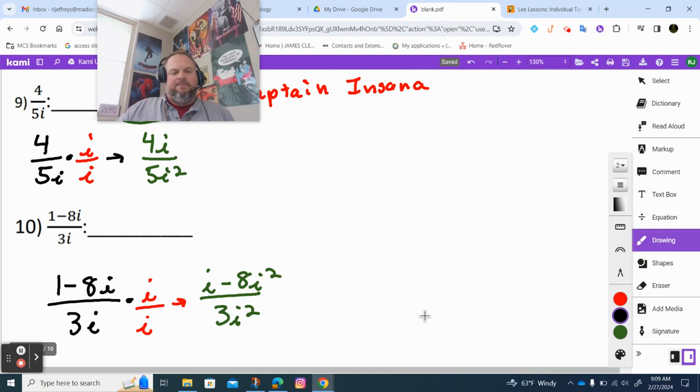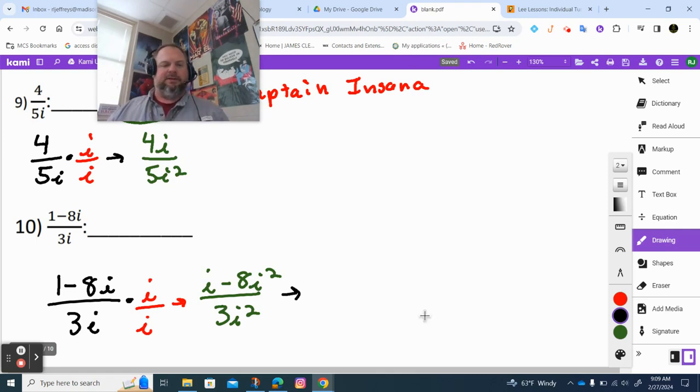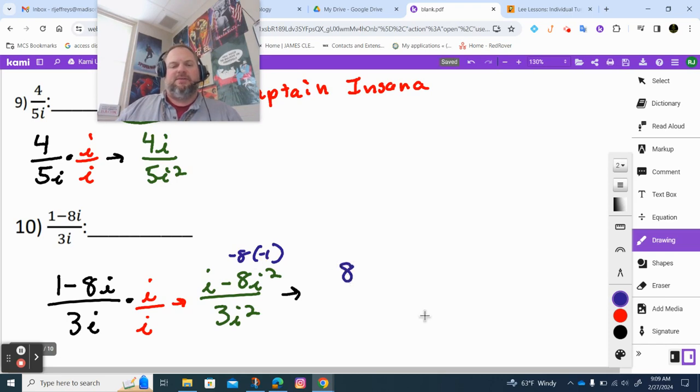Now, remember this 8. This is going to be negative 8 times negative 1. So this becomes positive 8 plus I over negative 3.